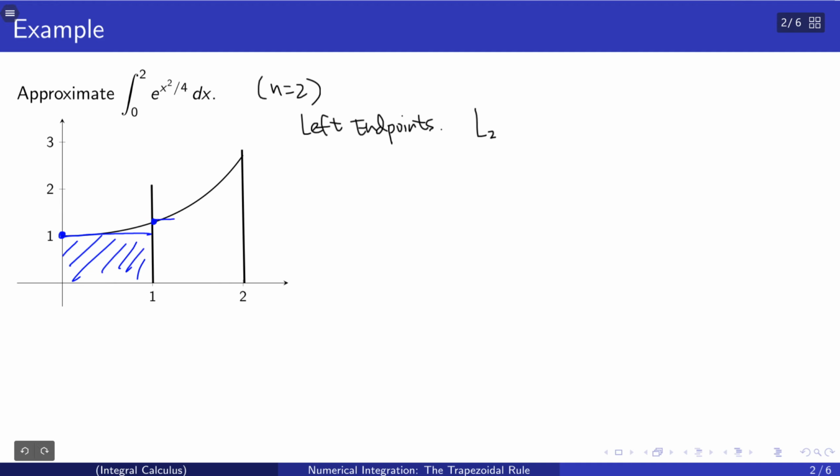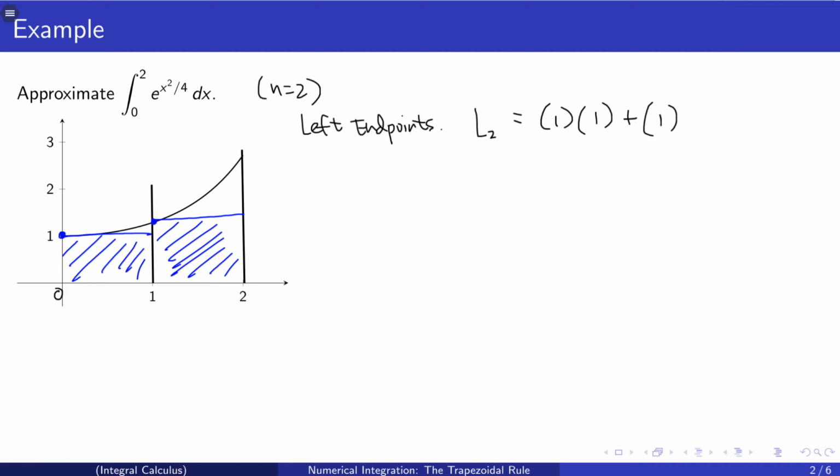The left endpoint approximation is the total area of both rectangles, which is 1 times e to the 0, which is 1, plus 1, the width of the second rectangle, multiplied by e to the 1 over 4. That's one approximation.